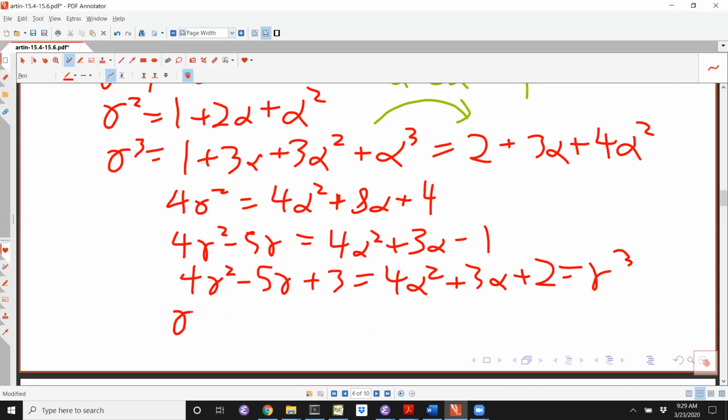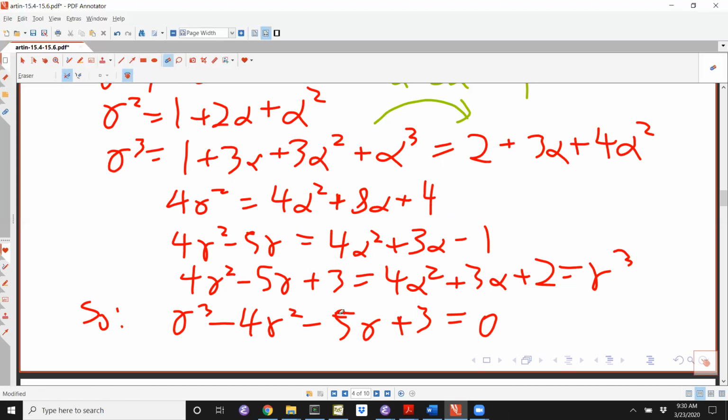So what we get is that gamma cubed minus 4 gamma squared minus 5 gamma plus 3 is equal to 0. And that's the name of that tune. And so that's going to be our irreducible polynomial.